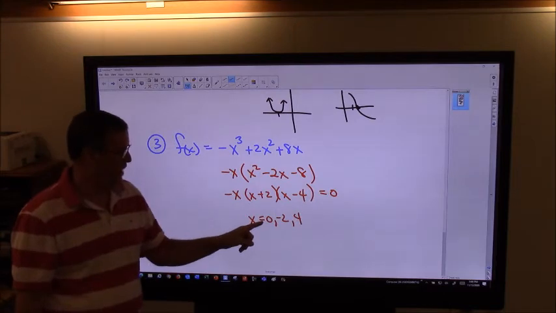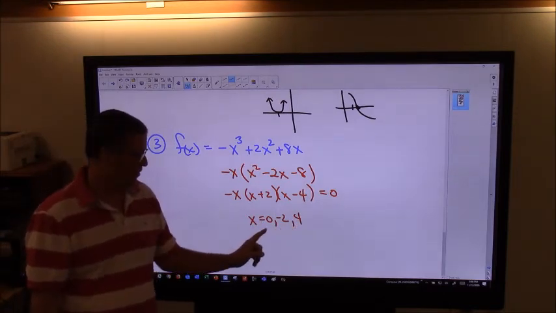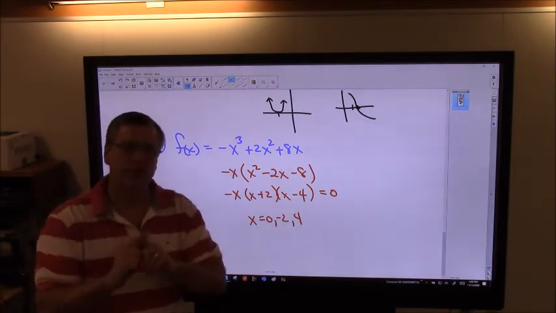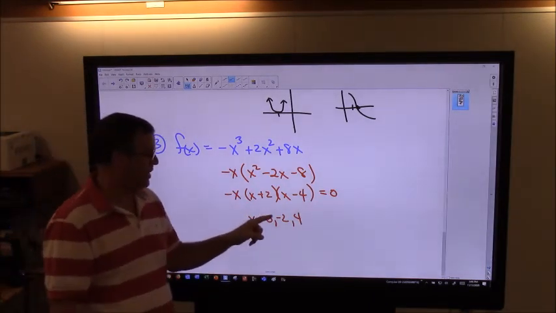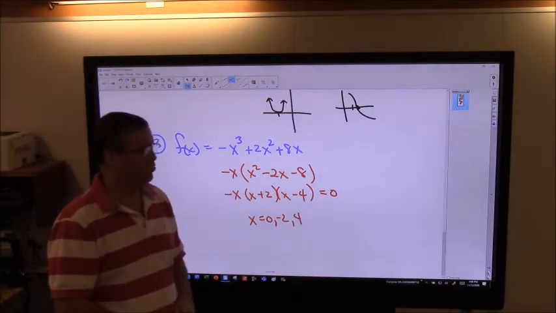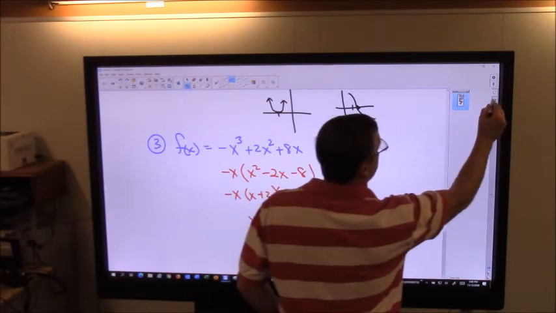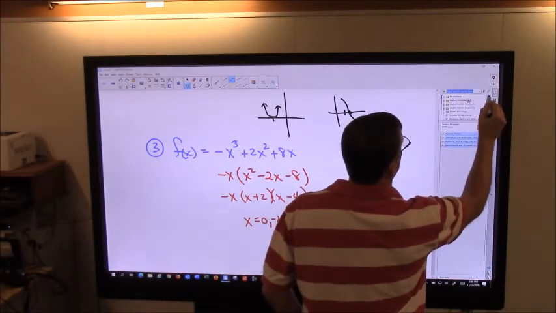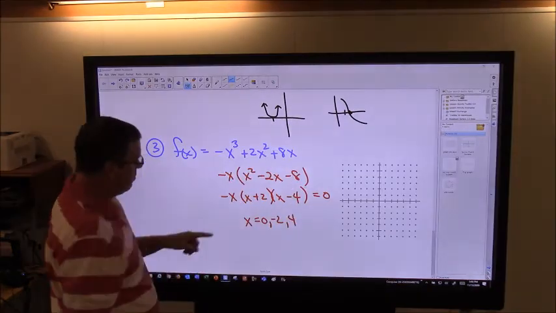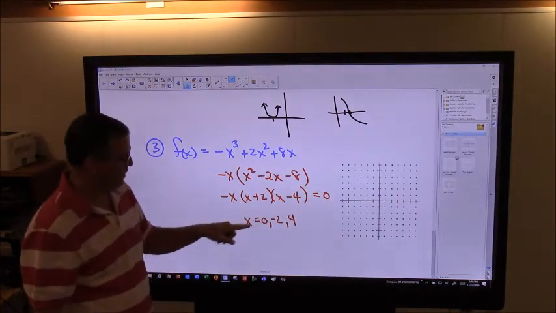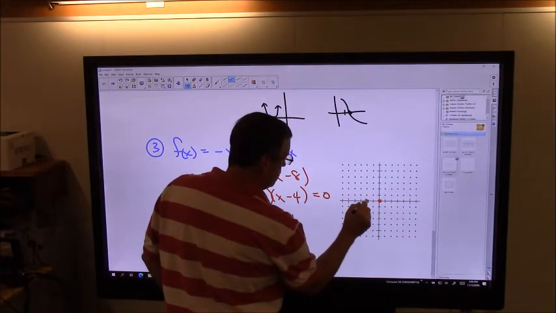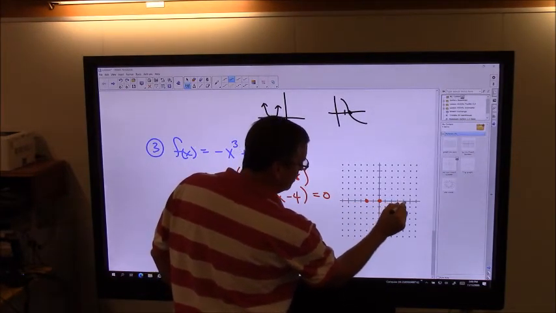Now, none of those happened twice. Each of these zeros happened exactly one time, which is an odd number. That means I have to go through the x-axis in those 3 spots. Okay? So if I'm going to graph this, I know that I'm hitting the x-axis at 0, at negative 2, and at 4.